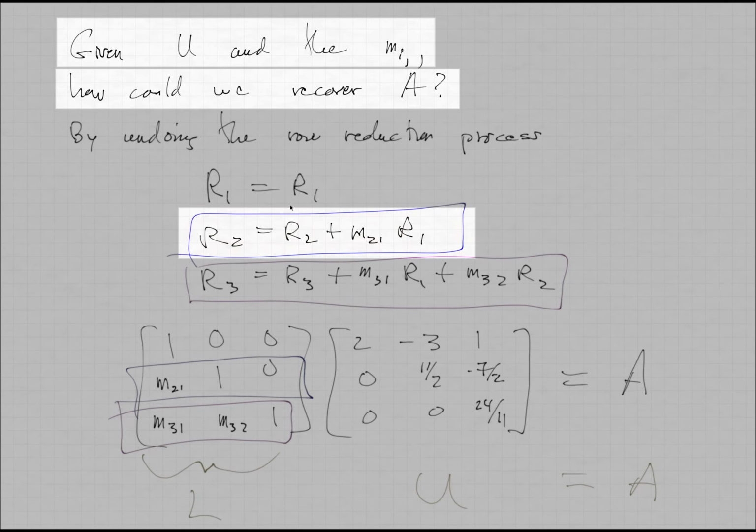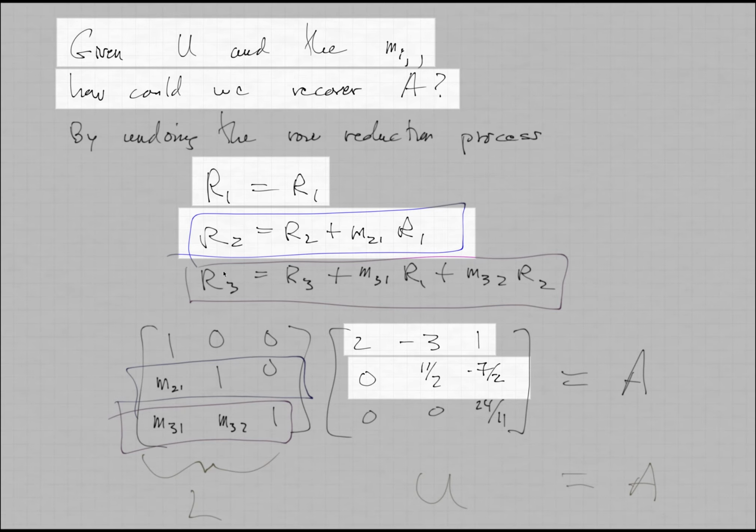We take the second row from the upper triangular matrix, and recover the original second row by adding back in M21 times R1. Of course, the first row of the upper triangular matrix U is the same as it was in A. That's absolutely the same.